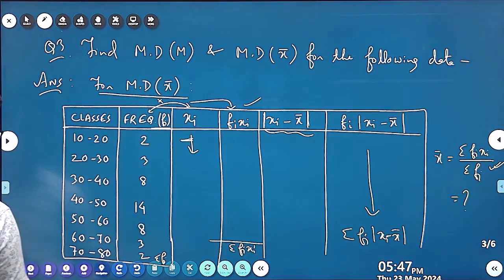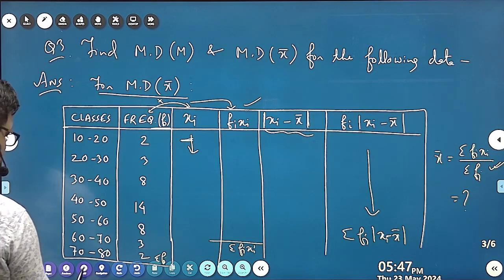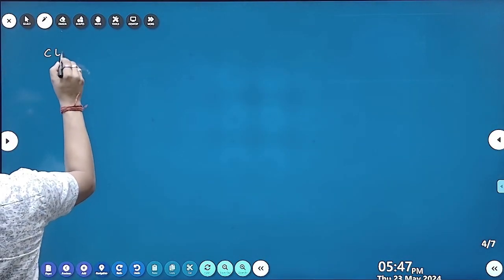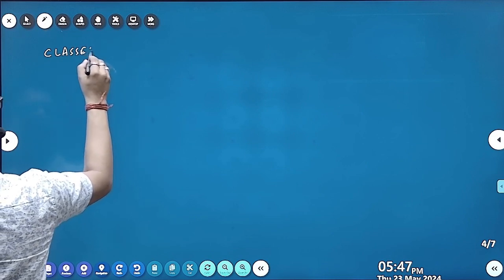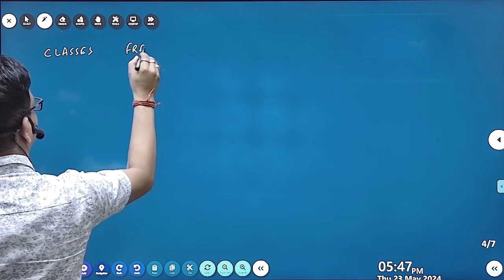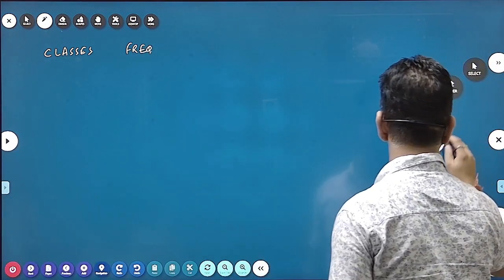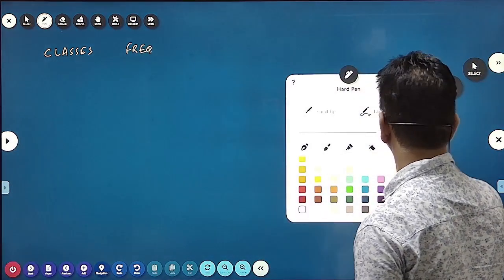Now I am going to explain mean deviation about median. You know, once the table is ready, it can be easily found. So these are the classes, these are the frequencies. In the exam, they don't give classes and frequency directly. They write some description, that means what the data is about.